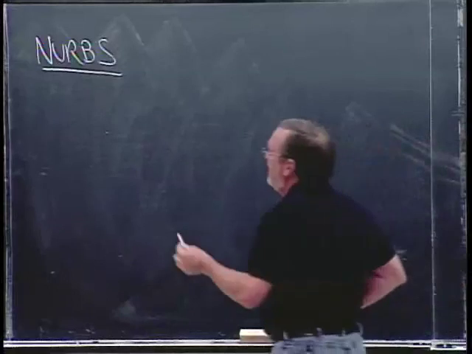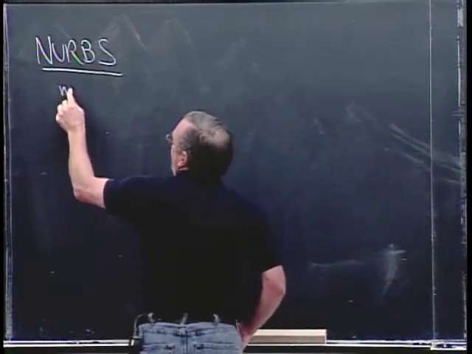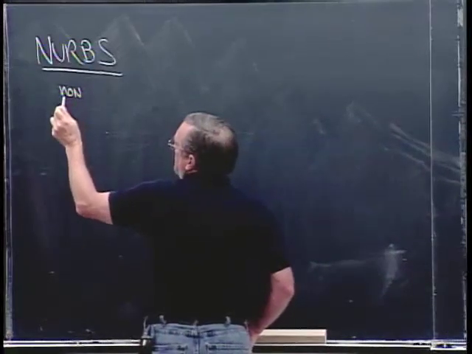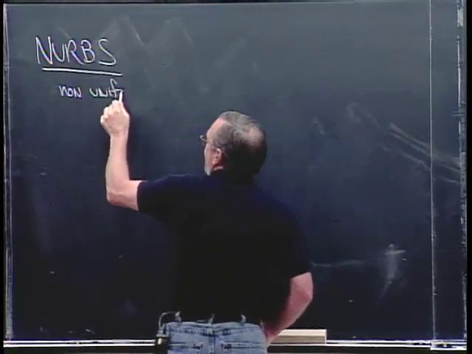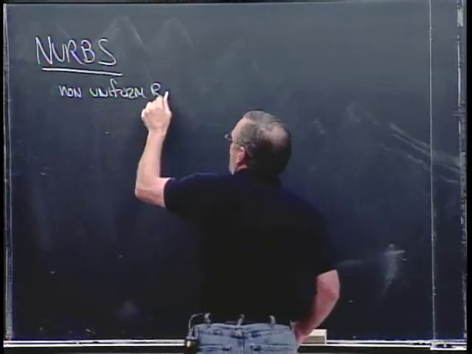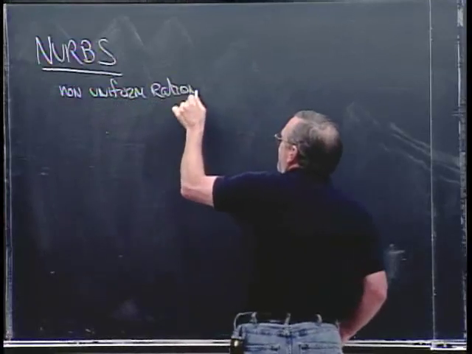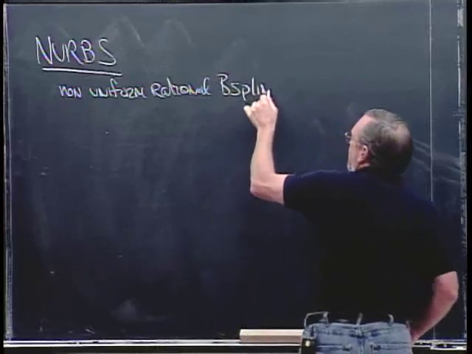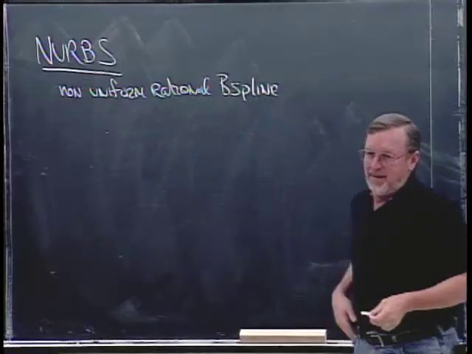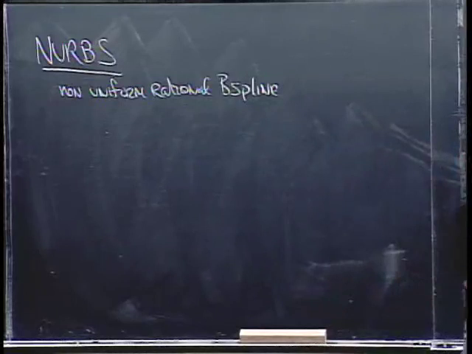Which stands for non-uniform rational B-splines.